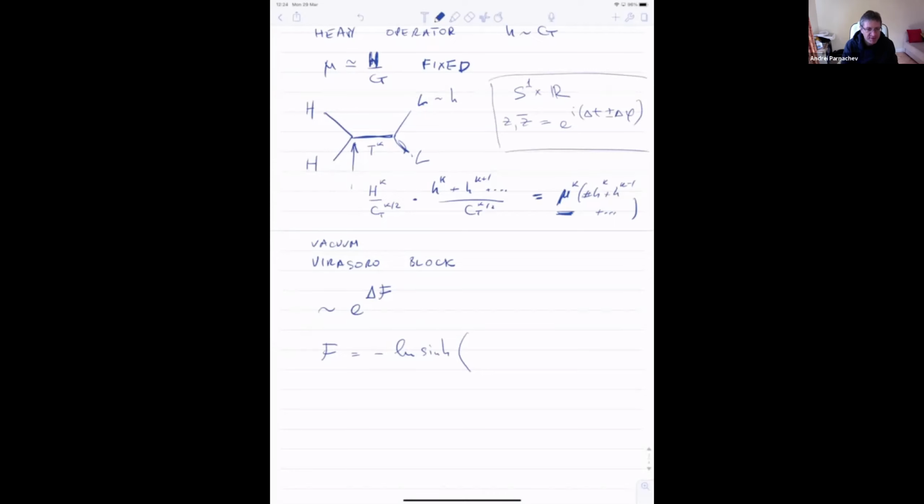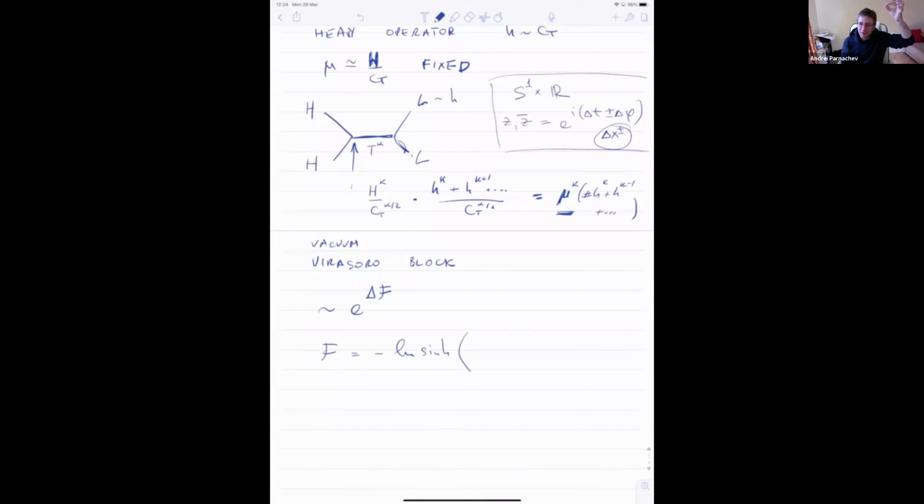So in these coordinates, this is the same as delta x plus minus. So this is going to be a separation of my light operators. What I'm going to do is put my light operators somewhere in the middle of the cylinder. The separation in the x plus minus coordinates between the light operators I call delta x plus minus, and the heavy operators I'm going to put at plus and minus infinity.